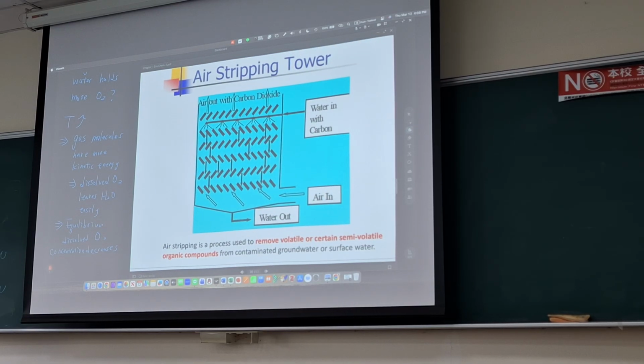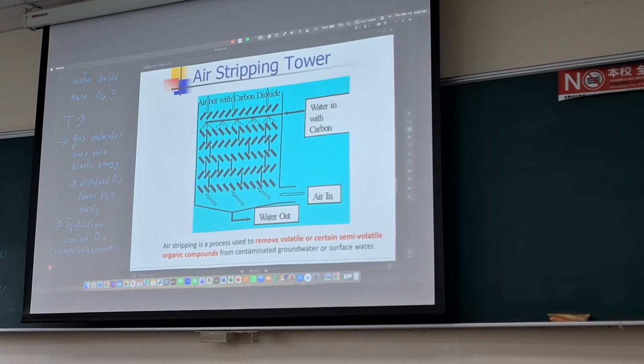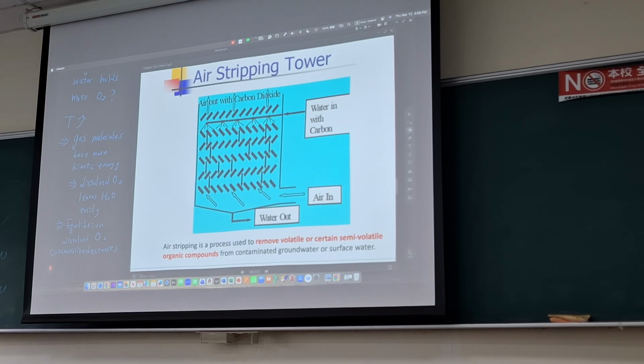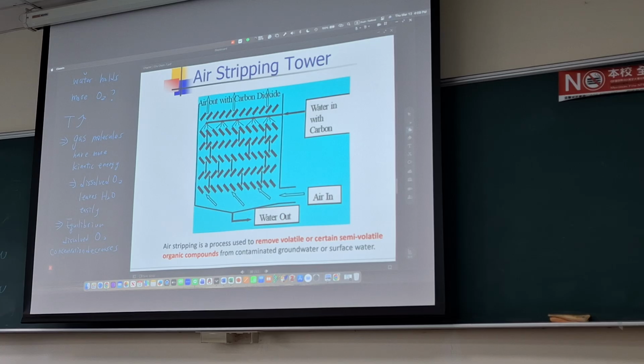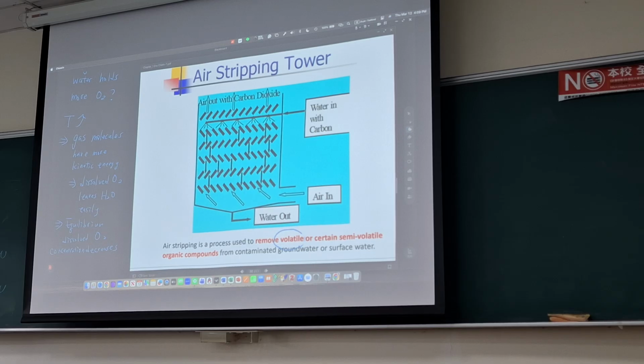Then we still have 2 minutes, so let me finish this. You might have seen this in a unit operations class. This is called an air stripping tower. An air stripping tower is a treatment unit often used in environmental engineering to remove volatile and semi-volatile organic compounds from water.